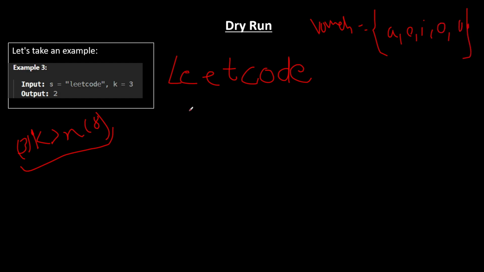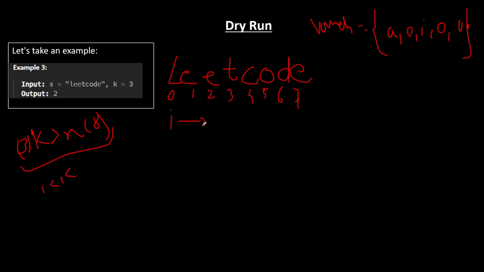Our first iteration was from i equals 0 till k. Let's mark the indexing also: 0, 1, 2, 3, 4, 5, 6, 7. Now i starts from here and goes up to i less than k, which means it will go up to 2, right?